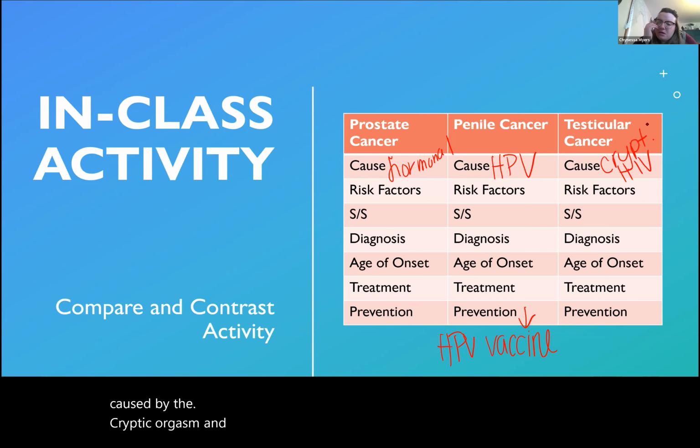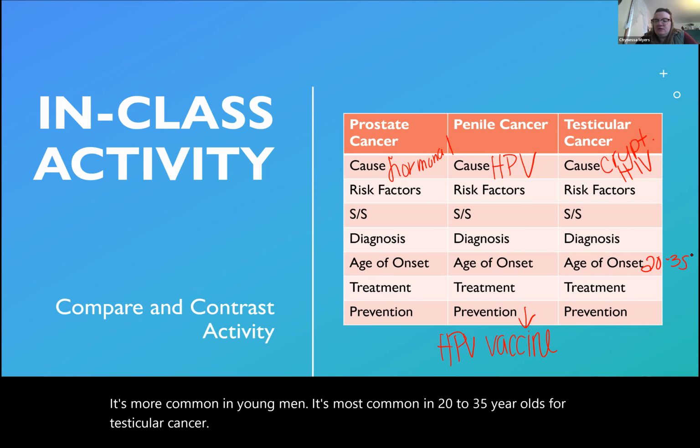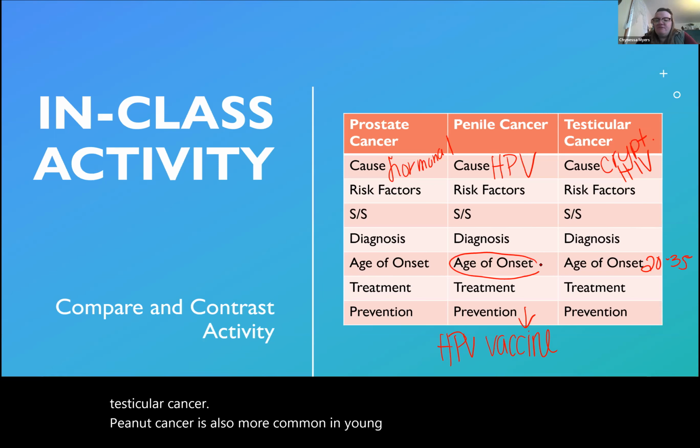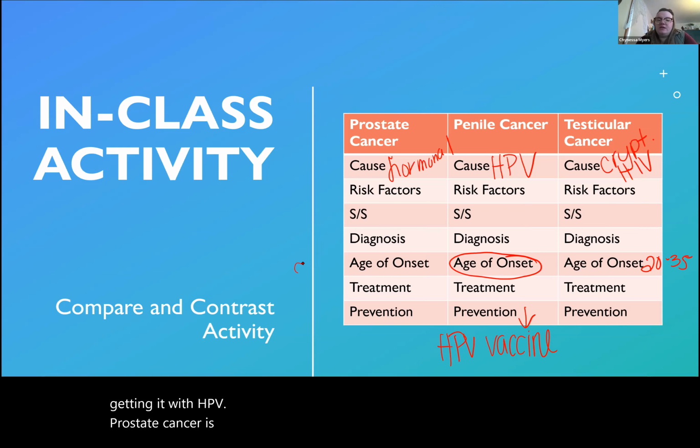And is it more common in young men? It's most common in 20 to 35-year-olds for testicular cancer. Penile cancer is also more common in young men because of the risks of getting it with the HPV. Prostate cancer is more common in older men. Penile cancer is more common in uncircumcised. Yep, absolutely.